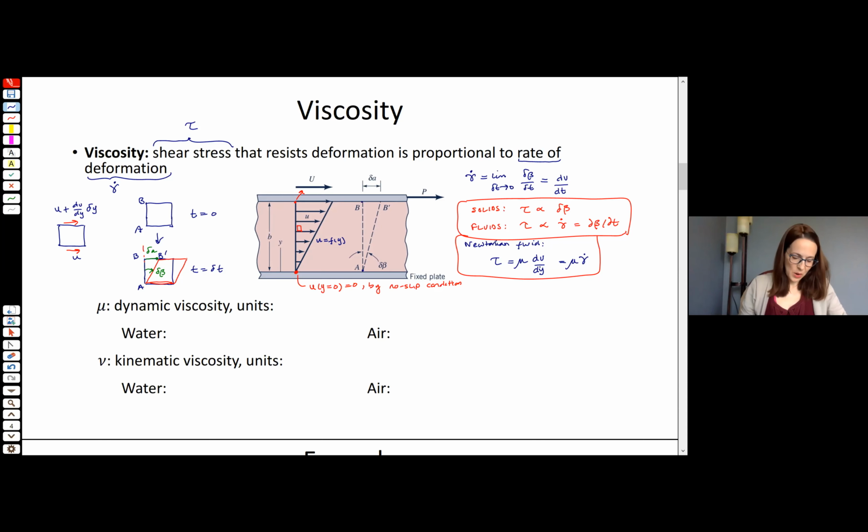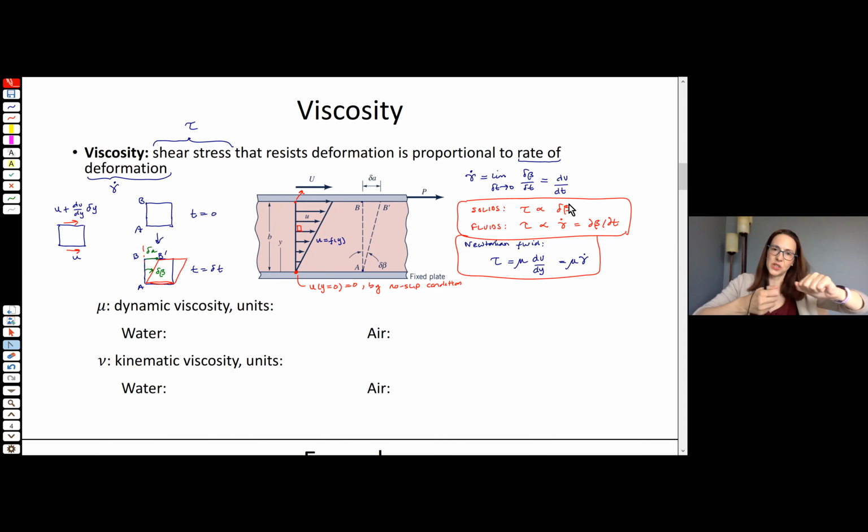Okay. So let's talk about viscosity. Hold on, I've got somebody in the chat here. Yes, can I explain again the difference between solids and fluids through the equations in the box? Sure, absolutely. Thank you for asking. So in a solid, the internal resisting force is, for a simple solid, proportional to the deformation itself. We're just talking about simple fluids and simple solids here. In a fluid, the internal force that resists is linearly proportional to the rate of deformation.